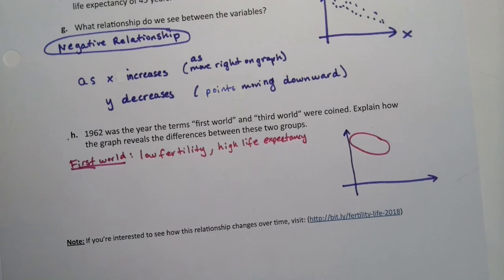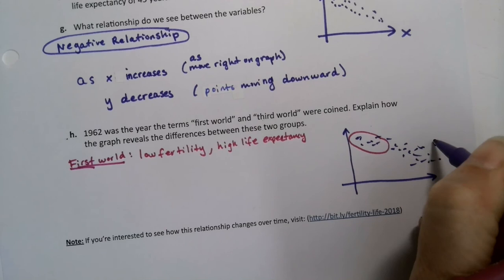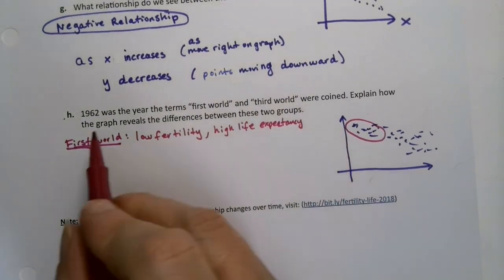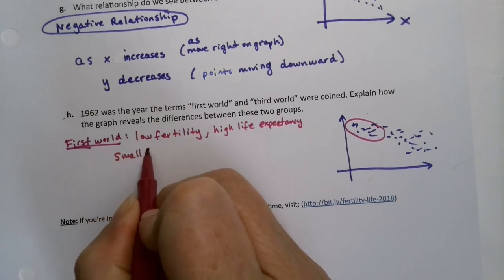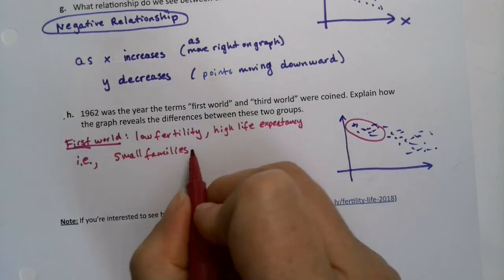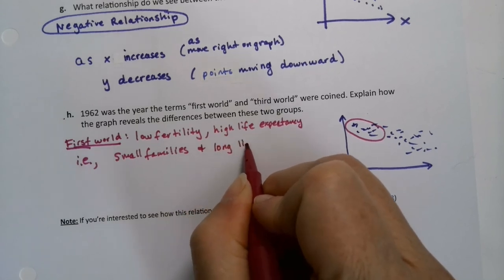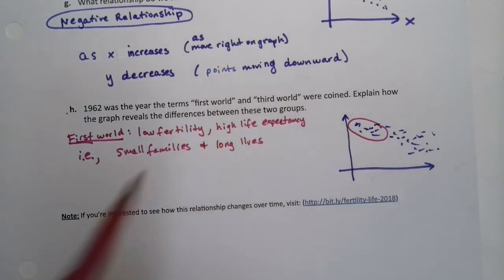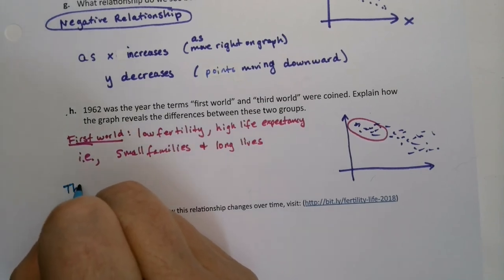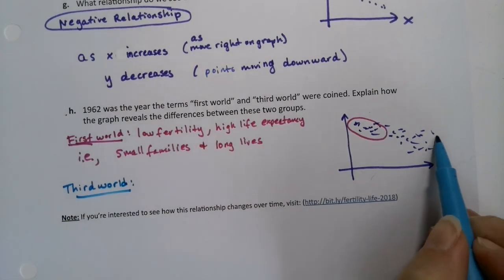They're over here. So if you think of our dots, now granted we have a big clump over here, but that's the direction it's going. The first world's over here. So it has small families and long lives. That's that corner. The third world is over here.